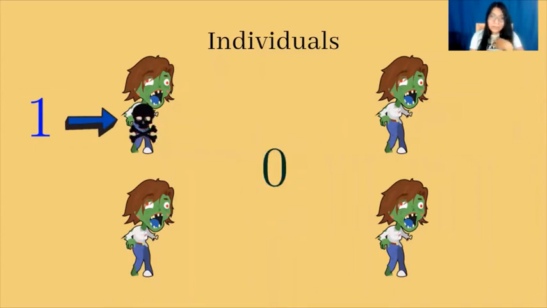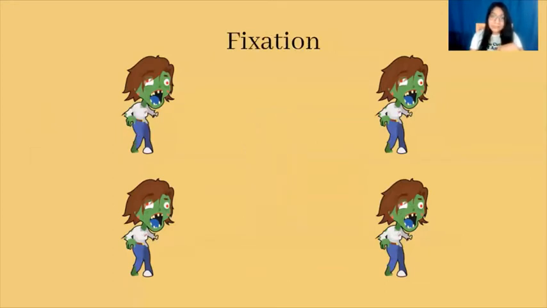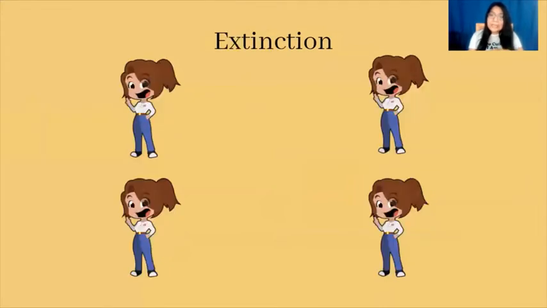But if I want to choose a resident to reproduce and a mutant to die, the probability is 0 because there are no residents. When at some time all individuals are mutants, the mutation is said to be fixed. But if the opposite happens, when at some time all individuals are residents, the mutation is said to be extinct.